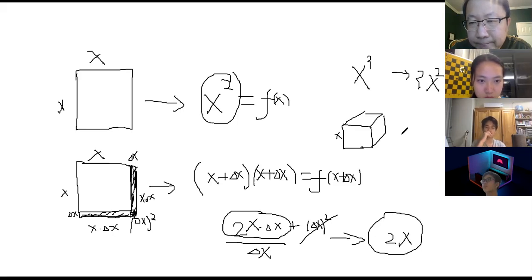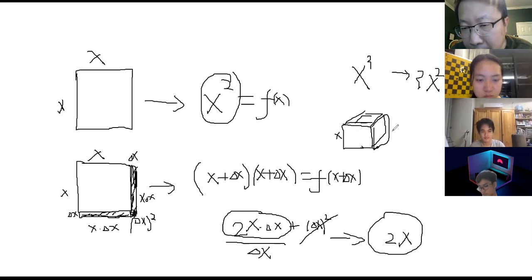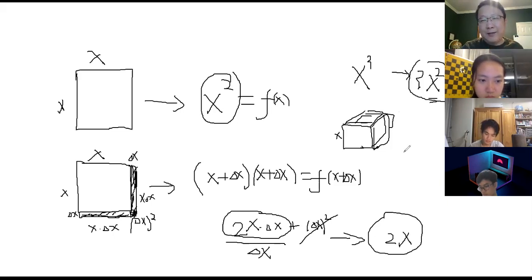The answer's on the screen: x squared times delta x, I suppose. Because when one side increases a little bit by delta x, you add a wall here, right? Another side also adds another wall, and the third side also adds another wall. You add 3 walls, each with area x squared. So that's why the derivative is 3 times x squared. Understand? So that's a picture understanding of this.